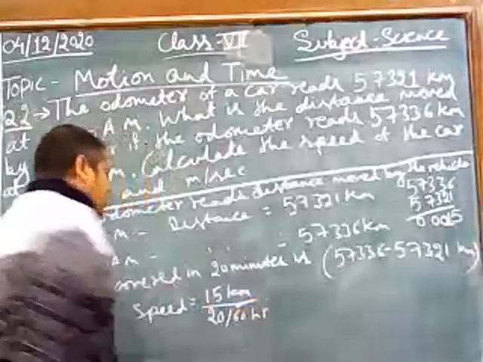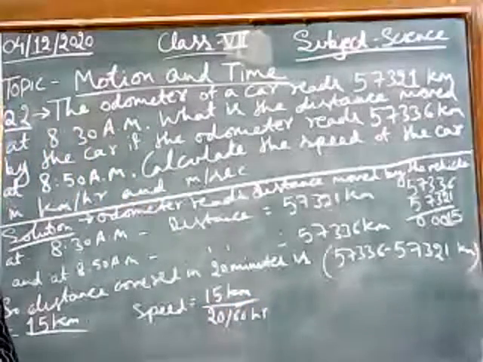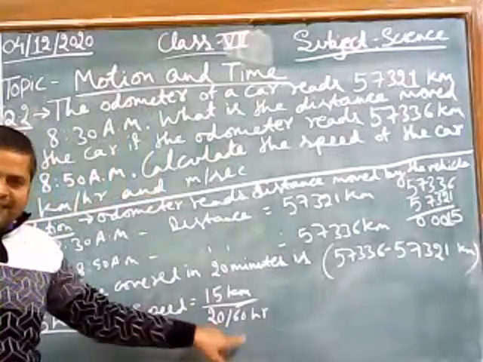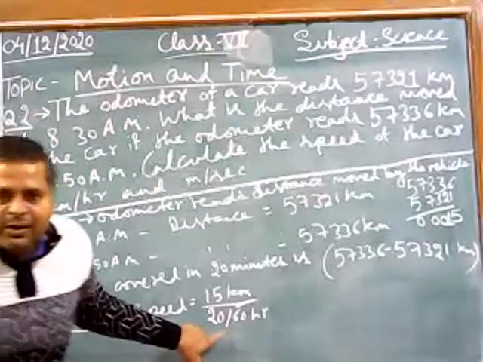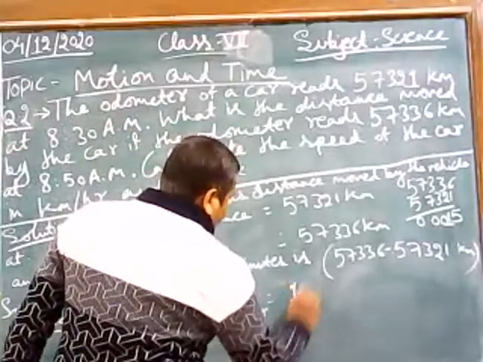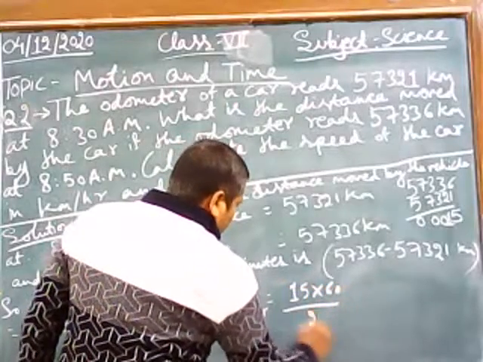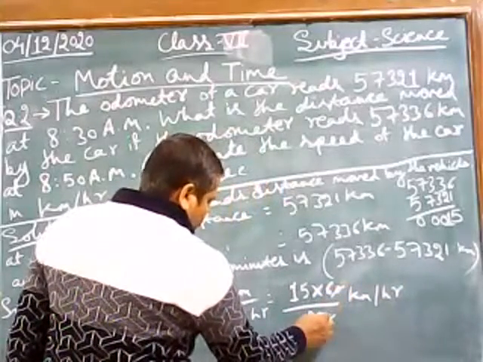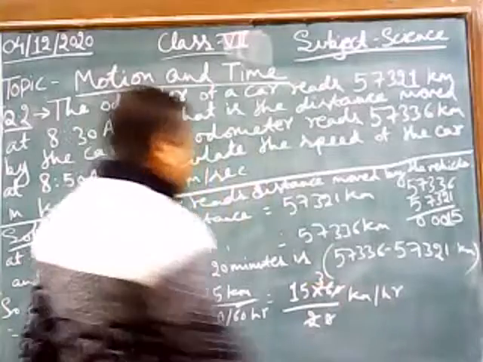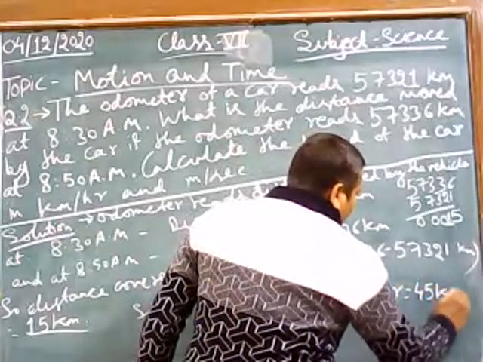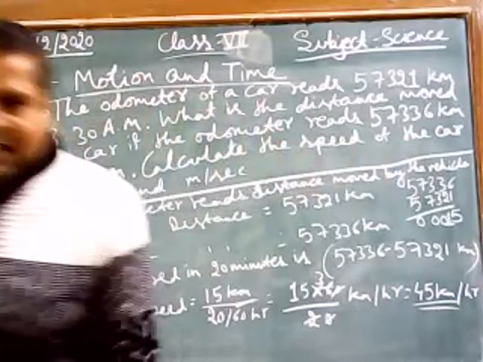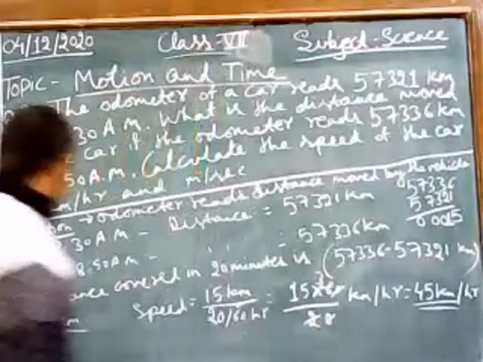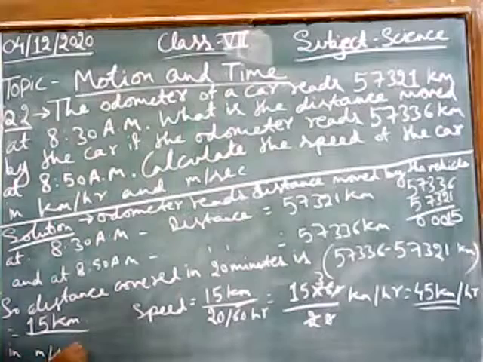Because we have written this in hours, and in one hour there are 60 minutes. That is why we are keeping 20 by 60. Okay, so 15 into 60 upon 20 kilometer per hour. So it comes to 45 kilometer per hour. The correct answer is 45 kilometer per hour. And how will we do it in meter per second?